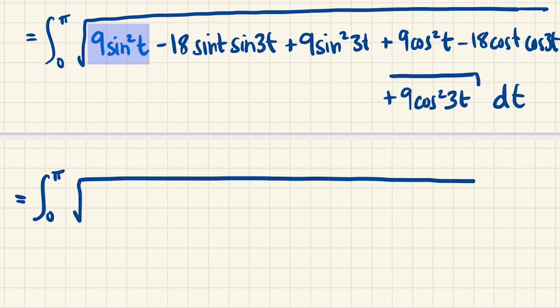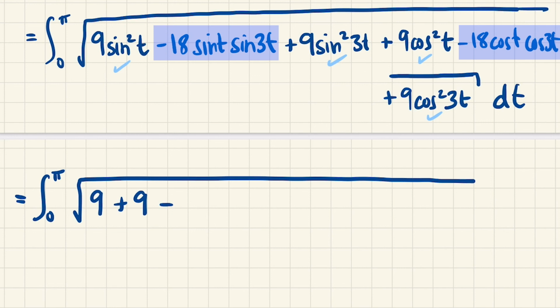So 9 sine squared t plus 9 cosine squared t, that's actually just going to be 9. Okay, so we've handled that term and that term. 9 sine squared 3t plus 9 cosine squared 3t, that's also going to be 9. So we've handled those terms. And we can factor negative 18 out of these two remaining terms.